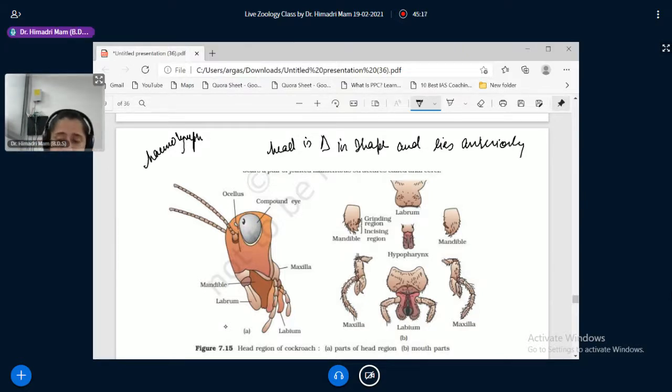And lies anteriorly at the right angle, longitudinal to the longitudinal axis. Right.